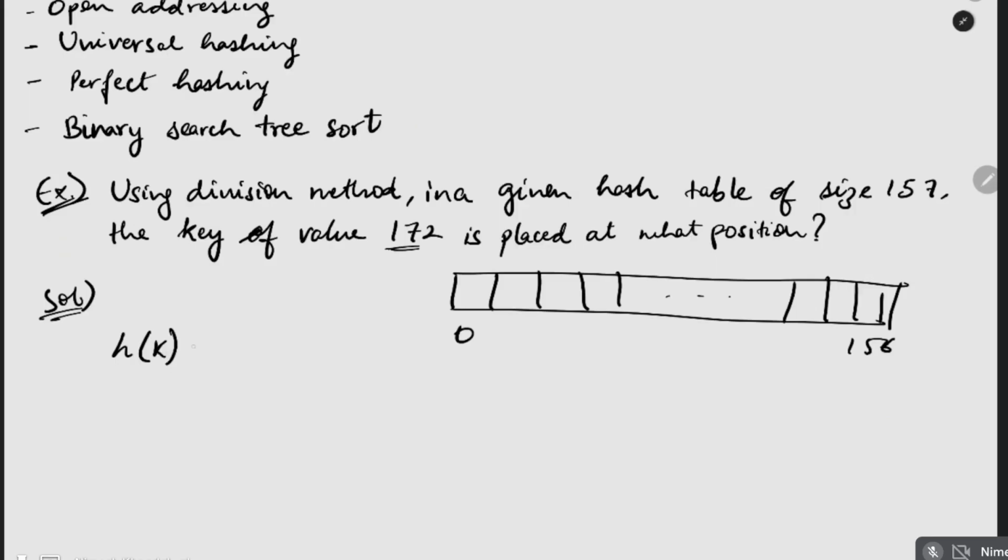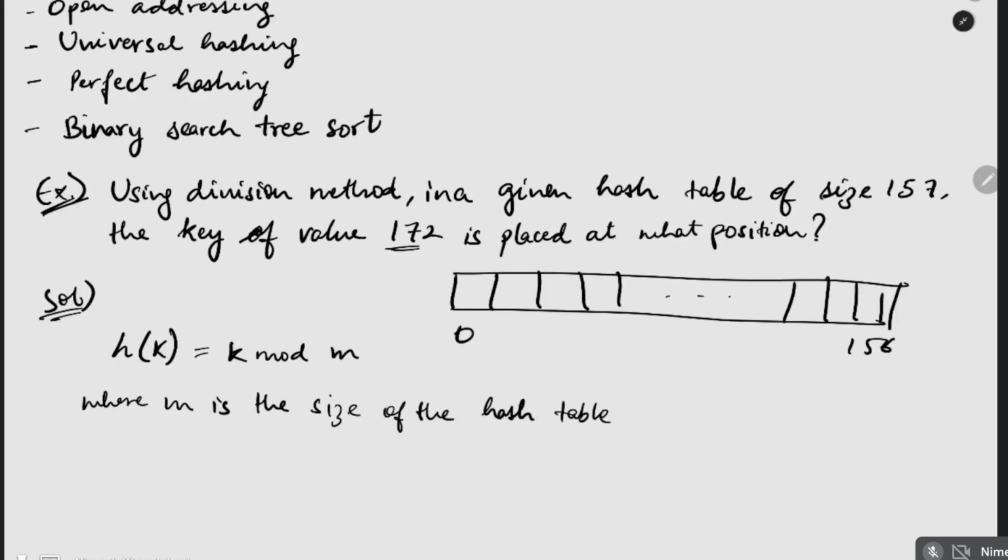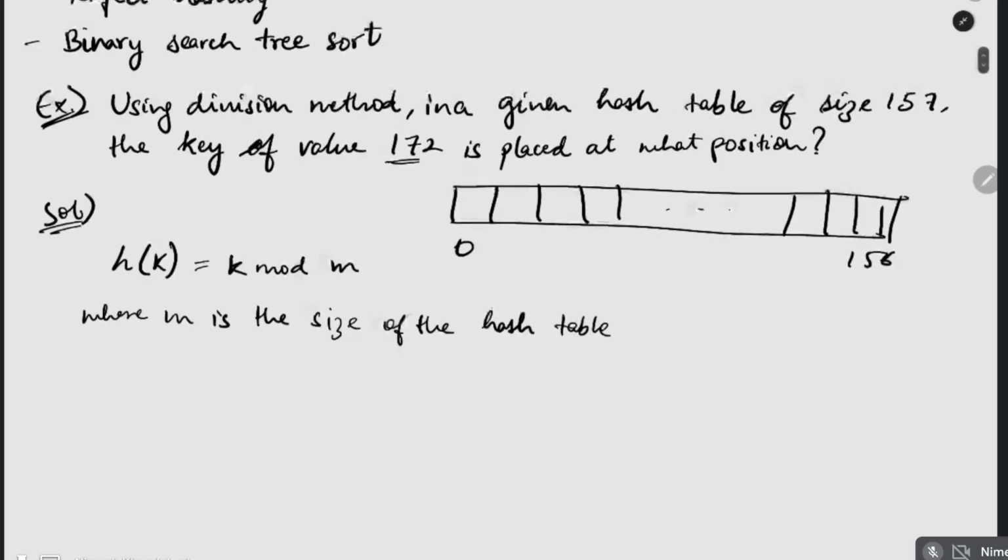What's our h of k? It's k mod m, right? Where m is the size of the hash table. So in this case, k is 172 and m is 157.